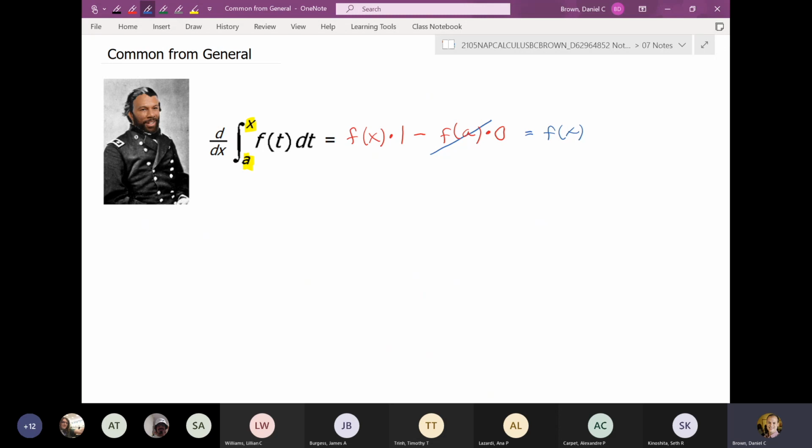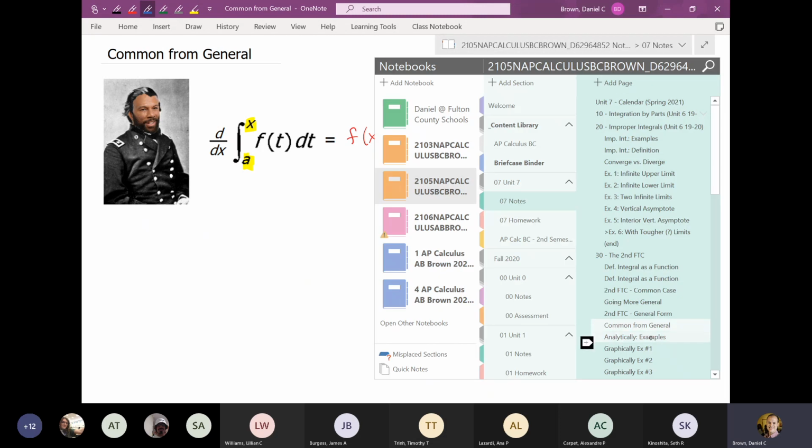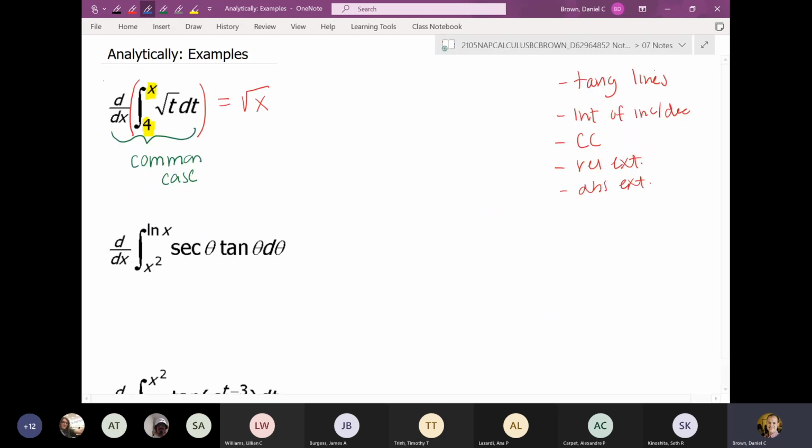So look at some examples. I'm going to redo that first example, but use the general case. And then we have two follow-up ones that we can only use the general case for. So this first one, if I didn't want to use the common case, using the general case, plugging in the top times the derivative of what I plugged in, minus plugging in the bottom times the derivative of what I plugged in, which is clearly equal to the same thing, the square root of x.